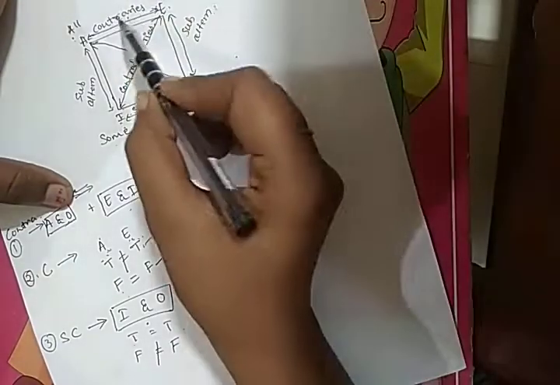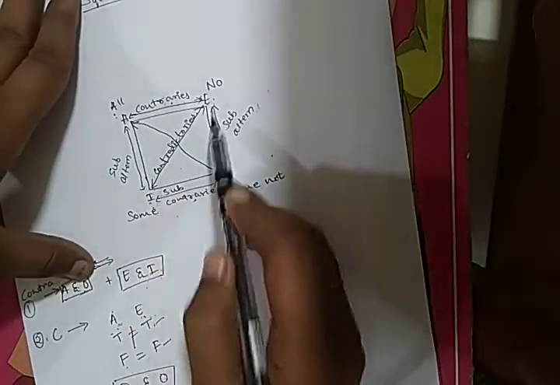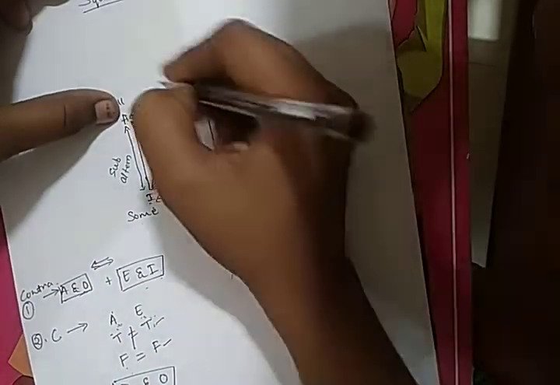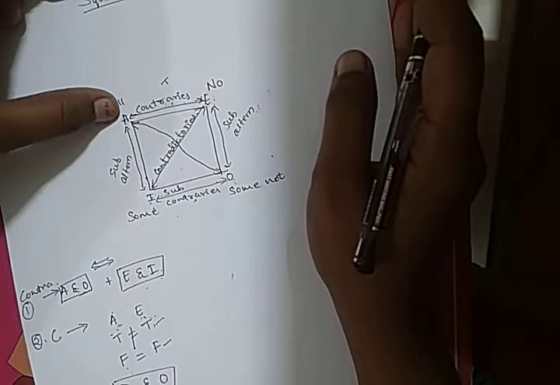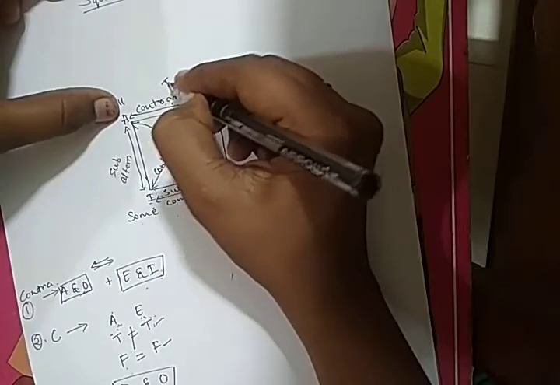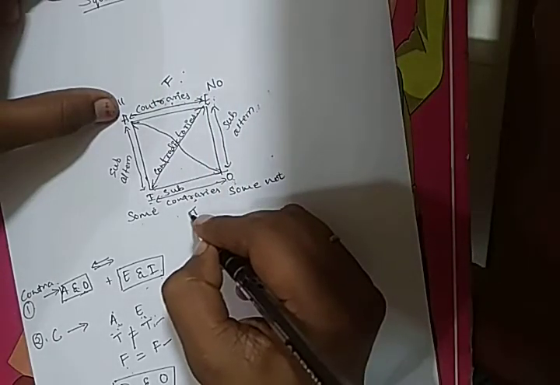I hope you understood. Here you have to just think both are different: contrary and subcontrary. In contrary both can't be true, both can be false. In subcontrary both can be true.